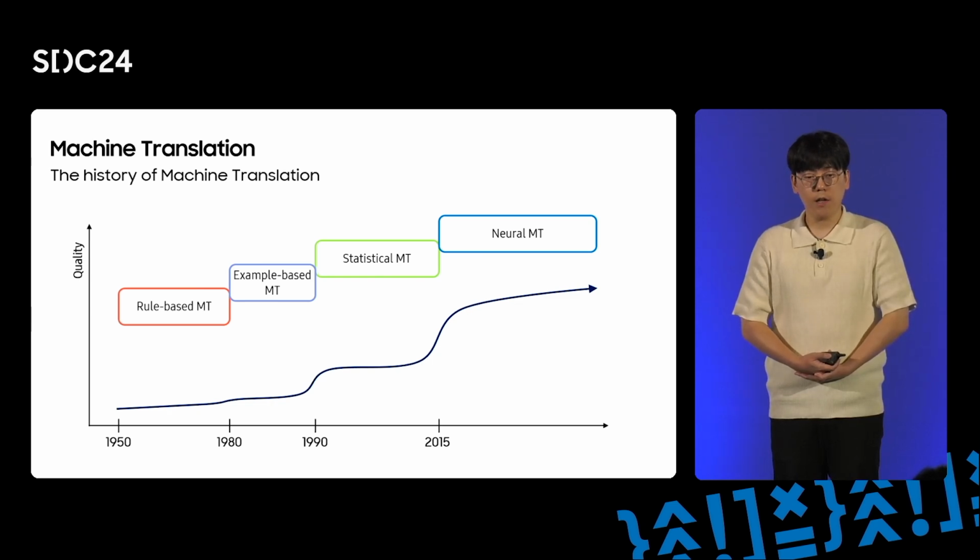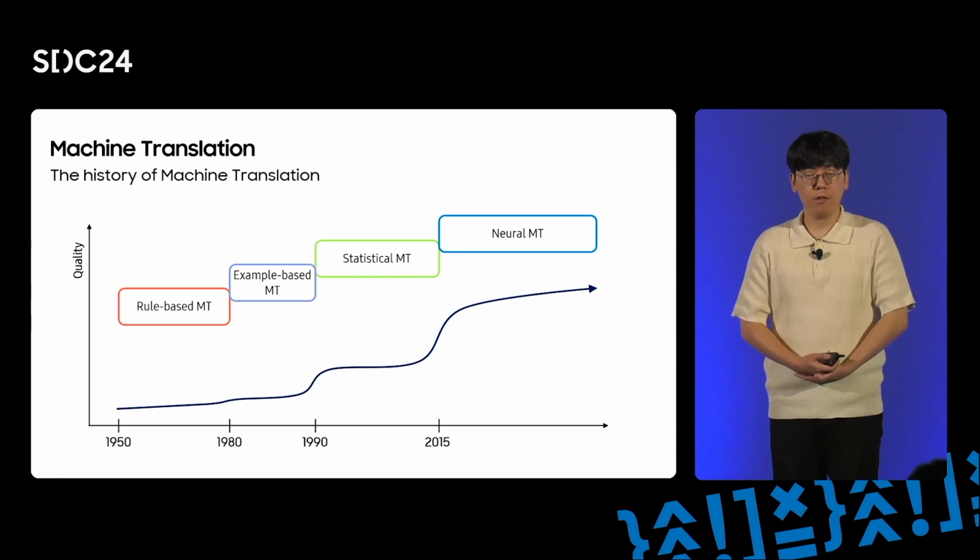In the early 1990s, a new approach, statistical machine translation, appeared. This method relies on large corpora to model translation process.